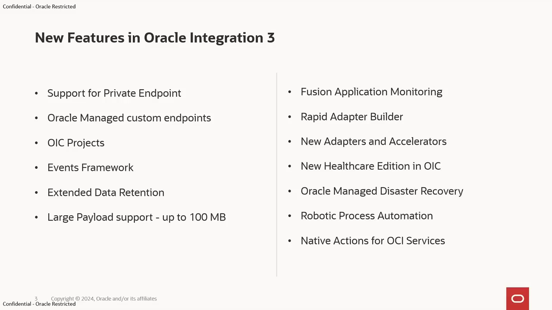You can build a robot when an application doesn't have APIs, when the APIs are inaccessible, or when integration development resources are not available. And so you can look at the regions availability here.